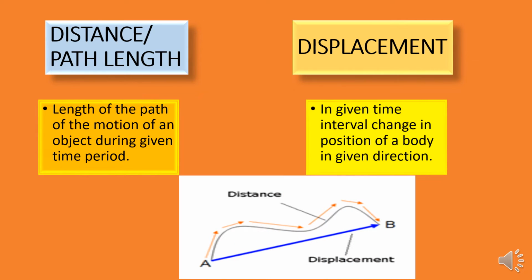You can see the picture. It is very clear that if you want to measure distance, then you need to know about where the body has moved. But if I talk about displacement, it only considers the initial point and the final point. They do not worry about the middle places.